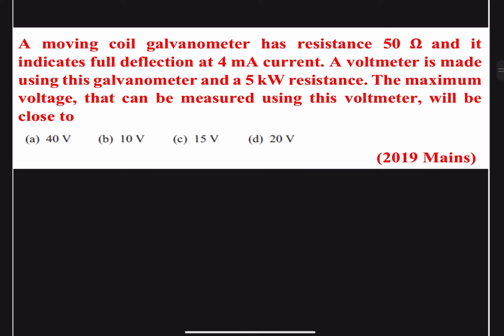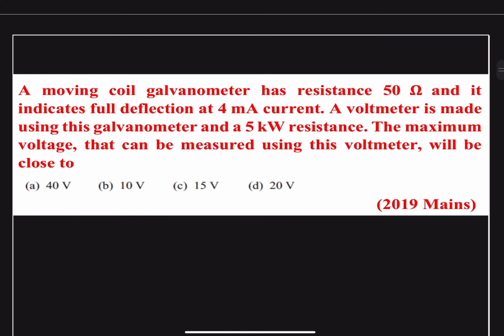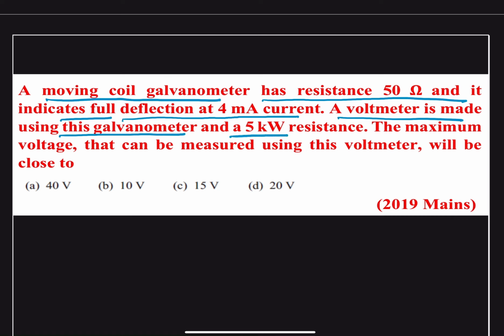in this question it is said that a moving coil galvanometer has a resistance 50 ohm and it indicates a full deflection of 4 milliampere current. A voltmeter is made using this galvanometer and a 5 kilo ohm resistance. The maximum voltage that can be measured using this voltmeter is close to.